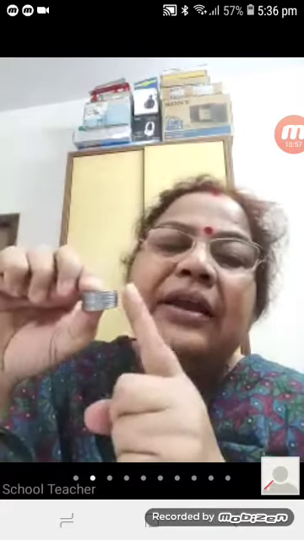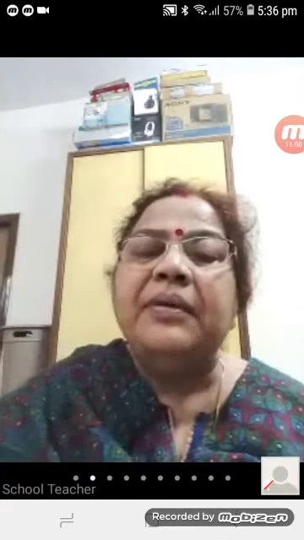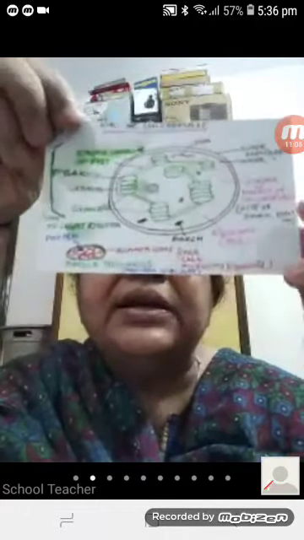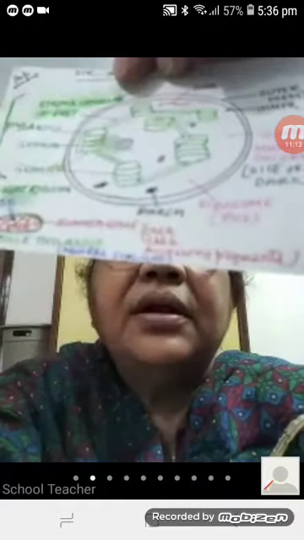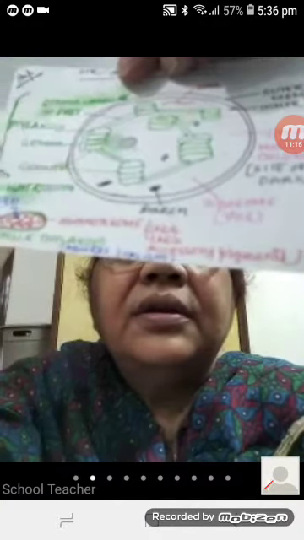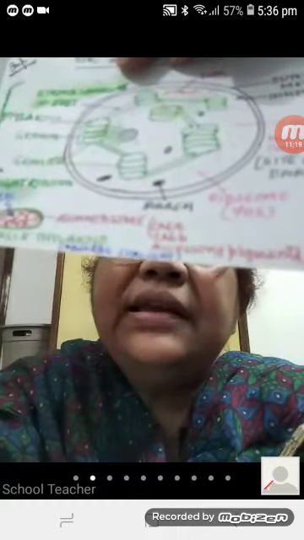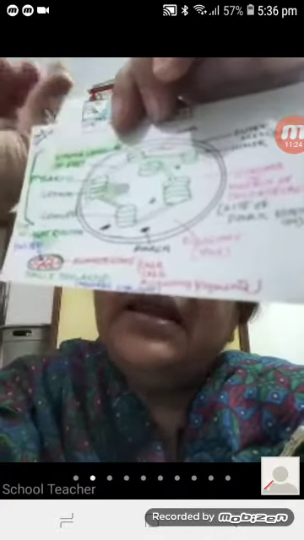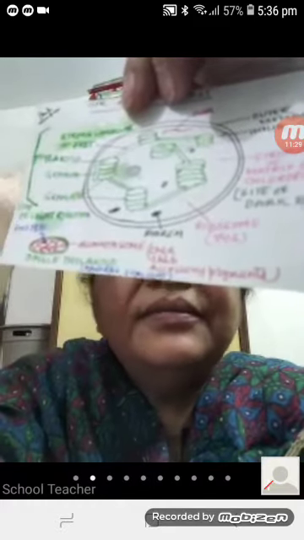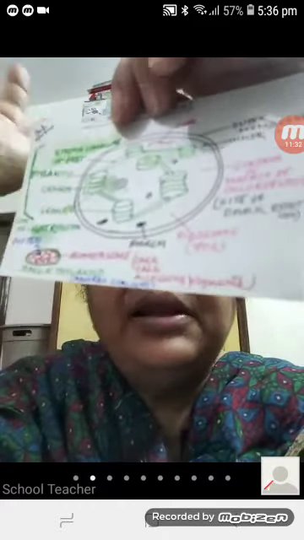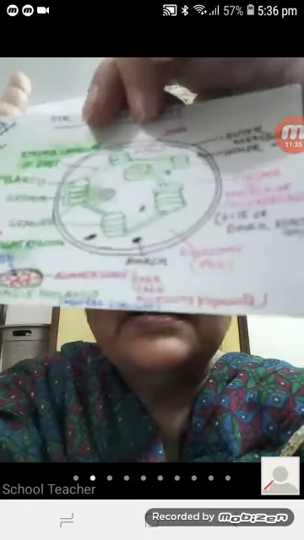One granum is connected to another granum by lamella, definitely a few stroma lamellae present in a chloroplast.